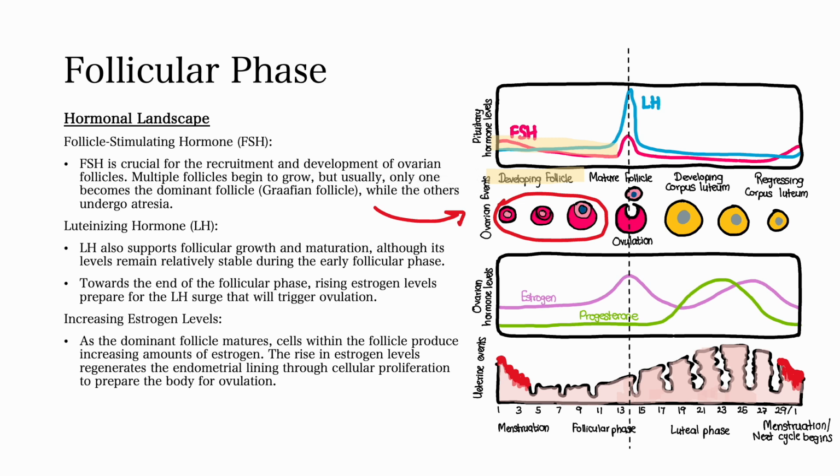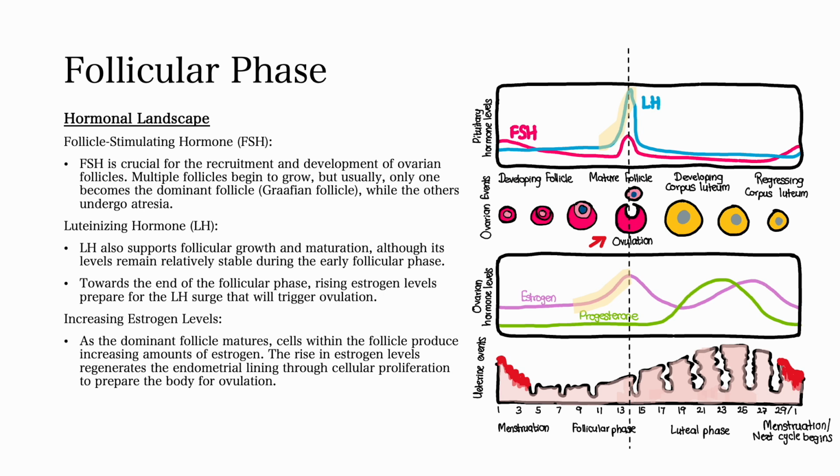Multiple follicles begin to grow, but usually only one becomes the dominant follicle. This follicle is called the Graafian follicle. The other follicles undergo atresia. LH also supports follicular growth and maturation, although its levels remain relatively stable during the early follicular phase.